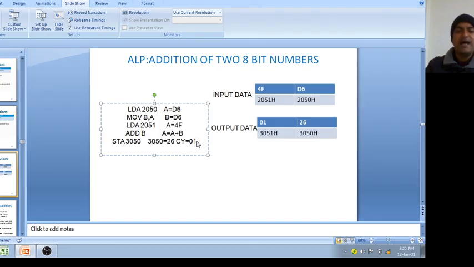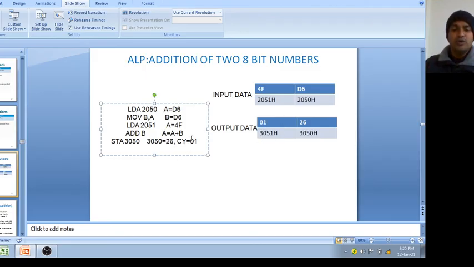You can use a branching instruction, but till now you are not aware of branching instructions, so we will use any arithmetical instruction. The value of carry flag, CY equal to 1. If carry is generated from here, value of 3051 will be 1. If carry is not generated, value of 3051 memory location will be 00.